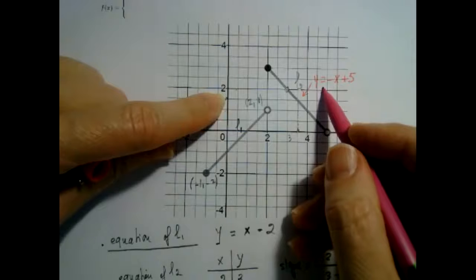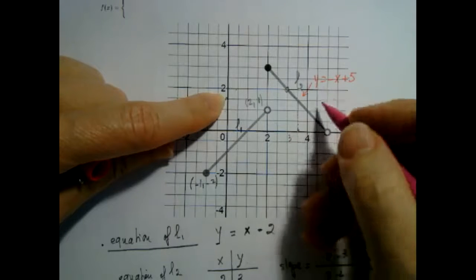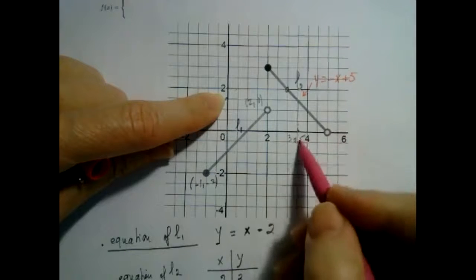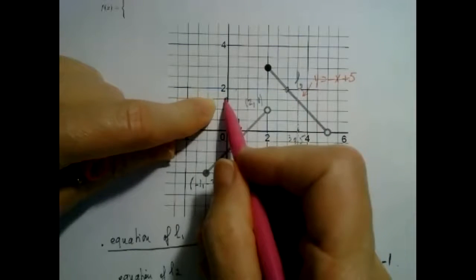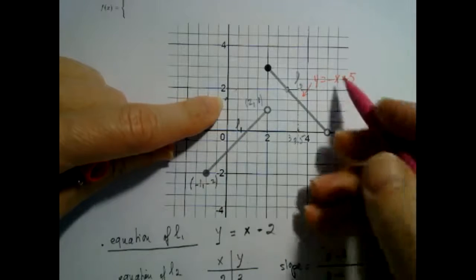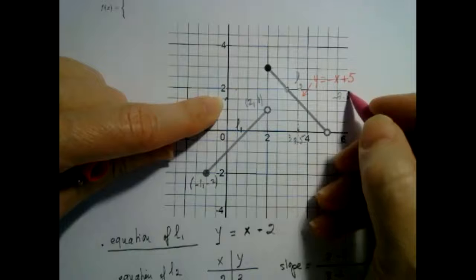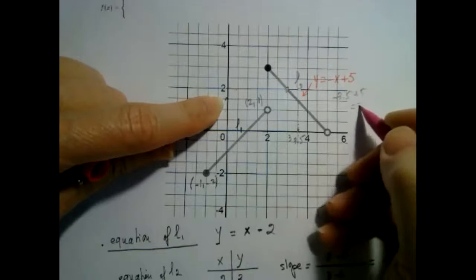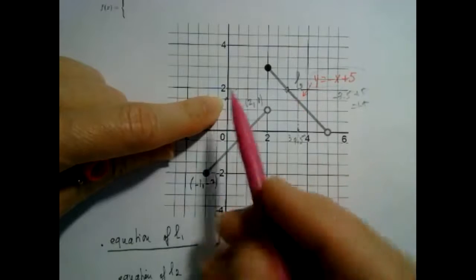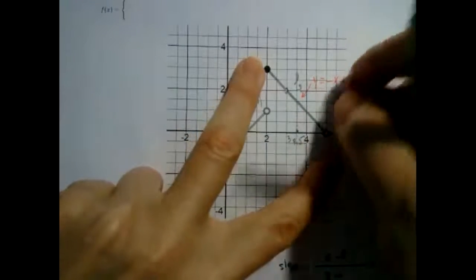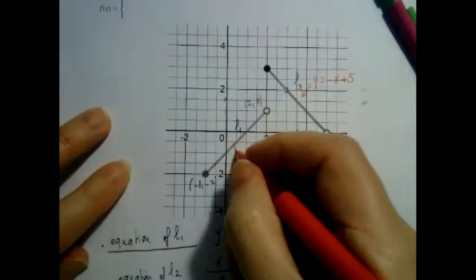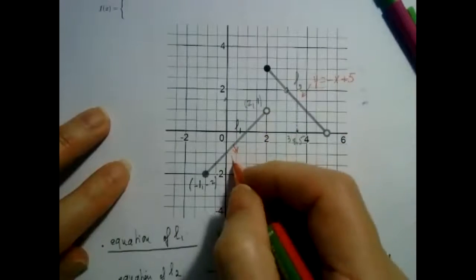If I plug into the formula here, I will get also 1.5. So this formula will allow me to find the output even without looking at the graph. And this piece here is y equals x minus 2.